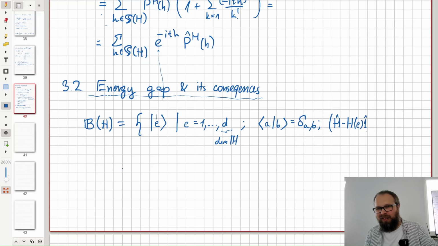So they are orthonormal and they are solutions to the eigenproblem, okay? And these will be eigenvalues then of our Hamiltonian. I will explain shortly.